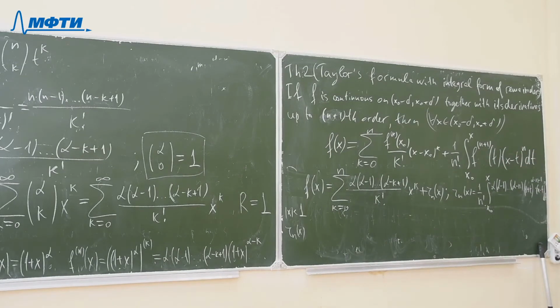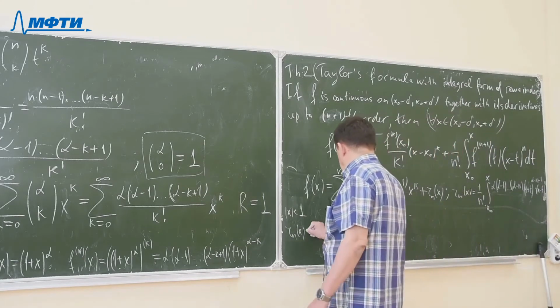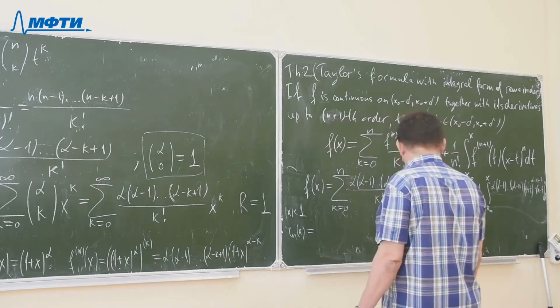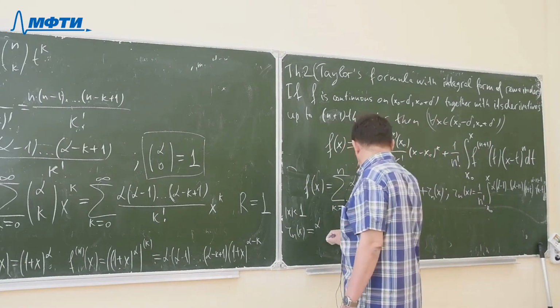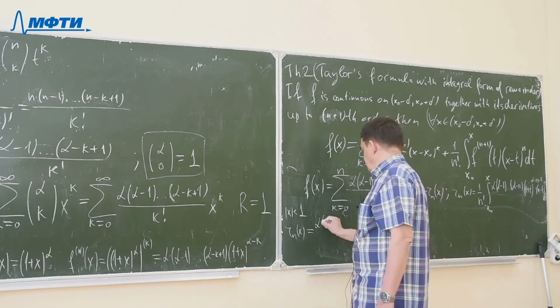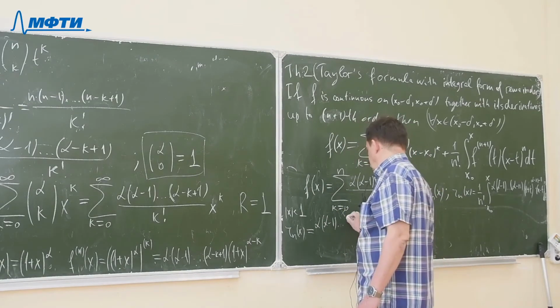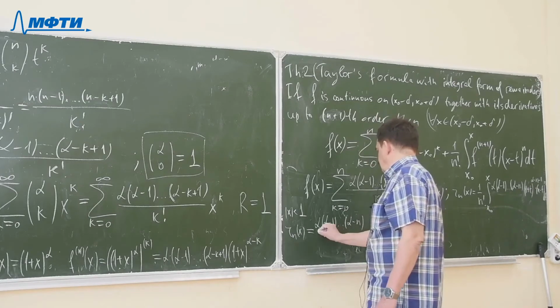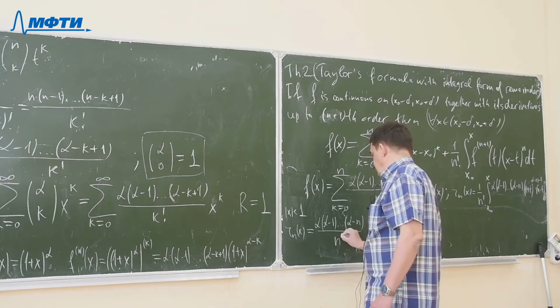And I can rewrite Rn as follows. So alpha times alpha minus 1, and so on, times alpha minus n, over n factorial.